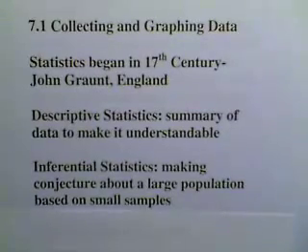So if we take 10 major cities in the United States and we sample 5,000 people in each city, and then we make a prediction about all people who live in the city, we're using inferential statistics.